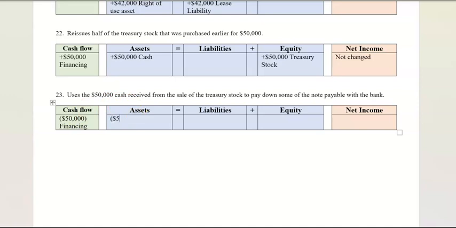Cash goes down by $50,000. And then the other side of this transaction is our notes payable account would decrease by $50,000.